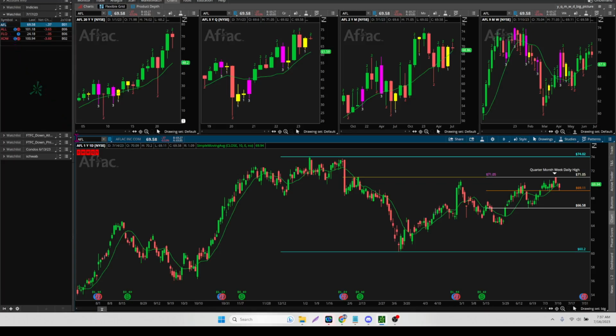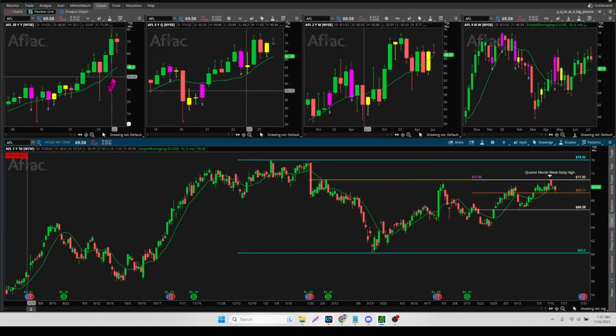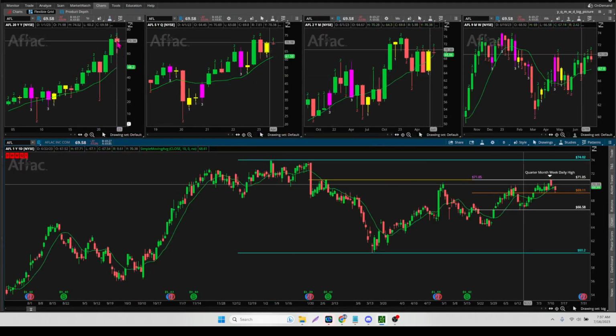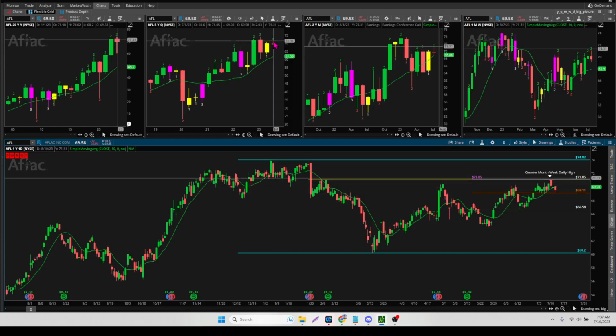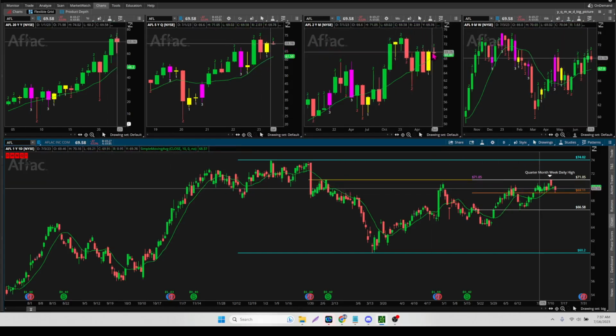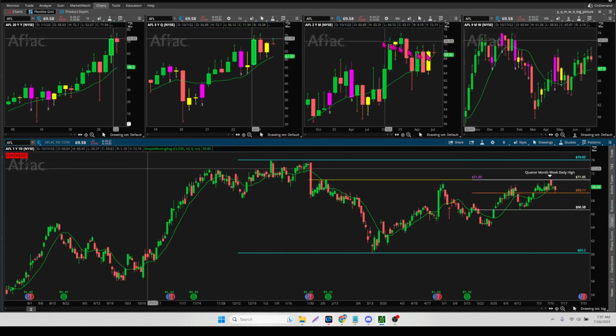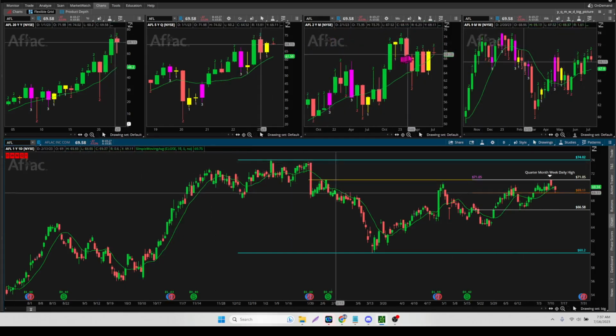You can see how Aflac is really struggling here. It has a hammer for the year, but it tried to go higher on the quarter and now it's pulling back. The same thing with the monthly, where we actually have shooters now for the quarter and the month.